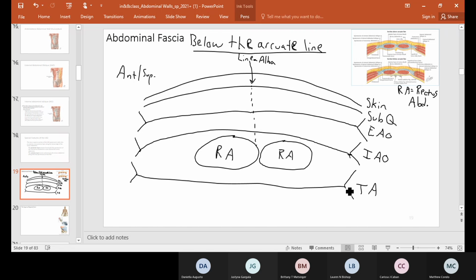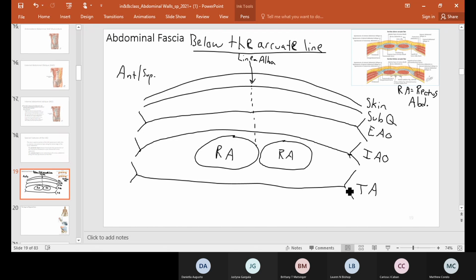If it was below the arcuate line, you would go through 2 layers of fascia because you're going to go through both full layers of internal abdominal oblique and external abdominal oblique. Transverse abdominis fascia, you were right.